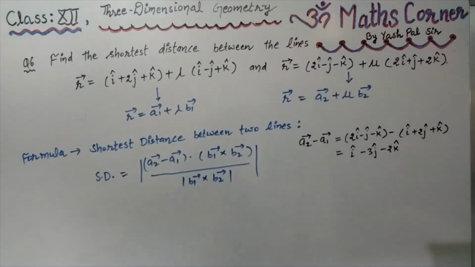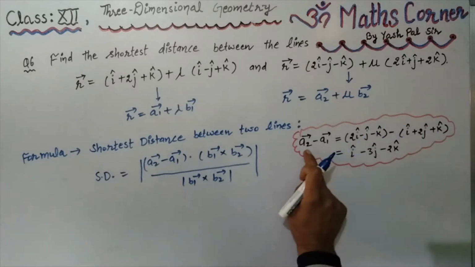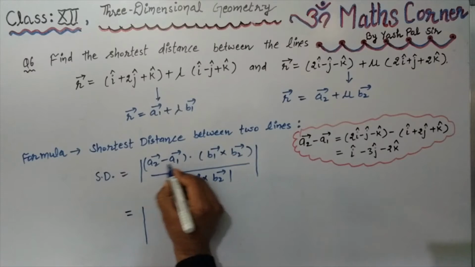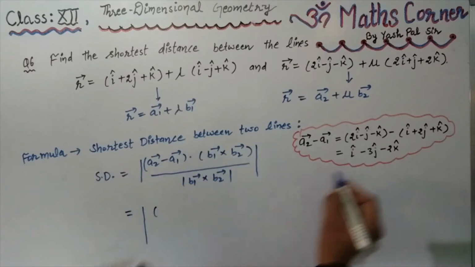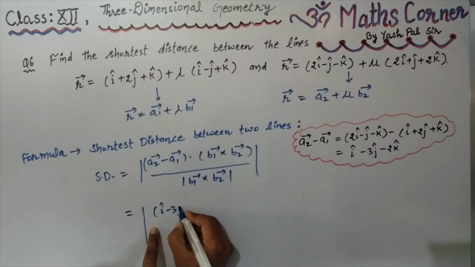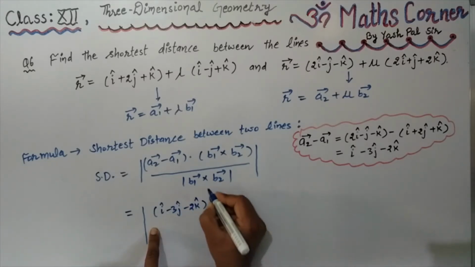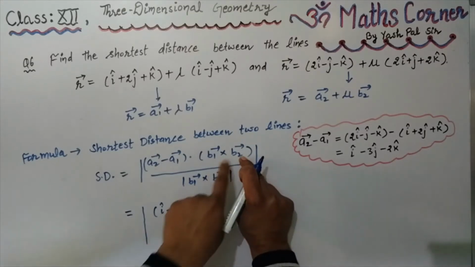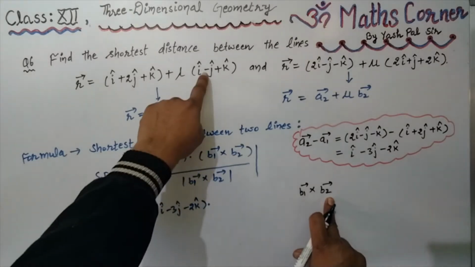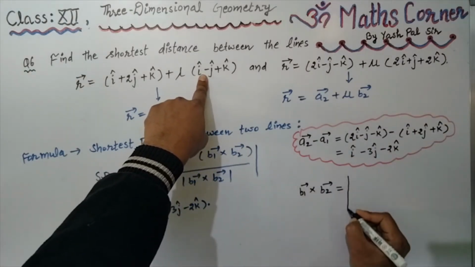minus k minus k is minus 2k. Okay, similarly now we can insert the value of a2 vector minus a1 in the formula. What is a2 minus a1? This becomes now i minus 3j minus 2k, dot product b1 cross b2. b1 cross b2 means this is b1, this is b2.